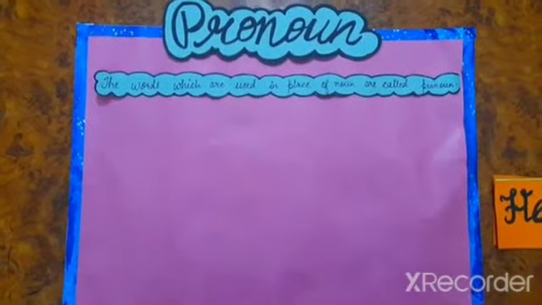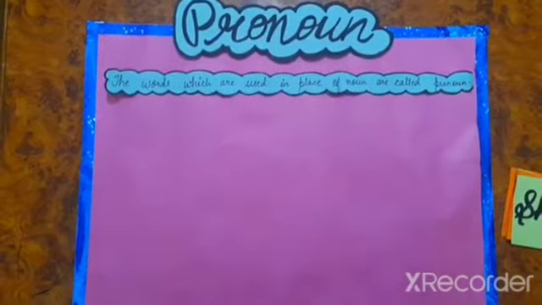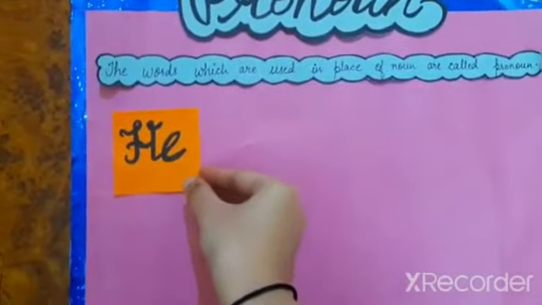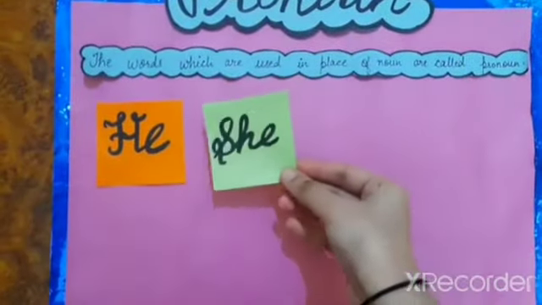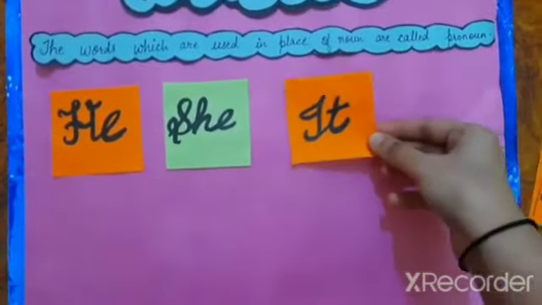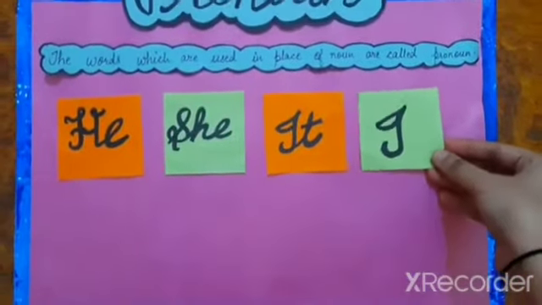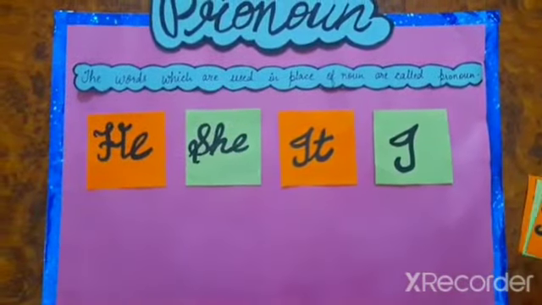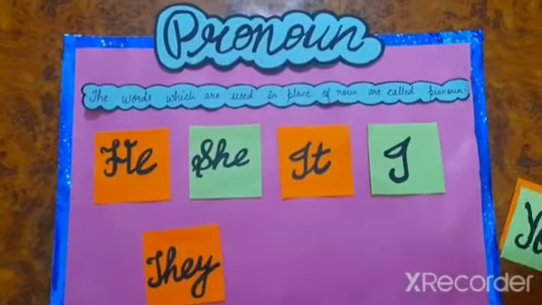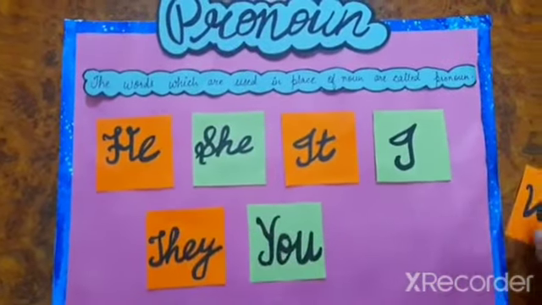The words which are used in place of a noun are called pronouns. Like he, she, it, I, they, you, and we.